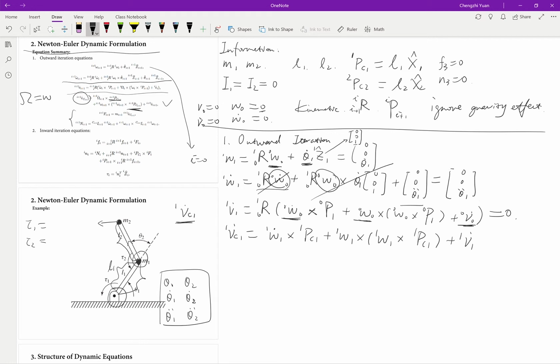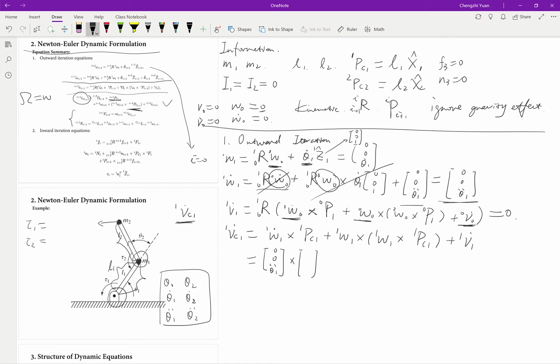Then let's see the result of these calculations. Omega 11 dot is what is here, this one, equal to 0, 0, theta 1 double dot.